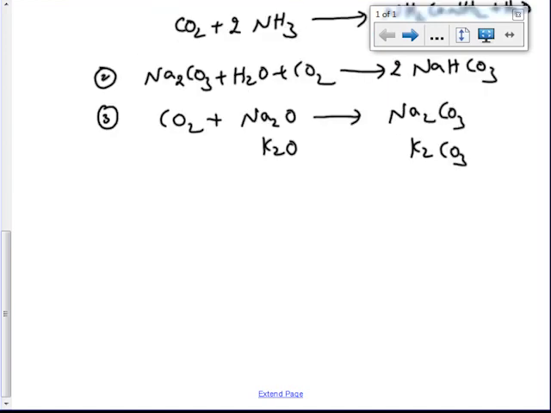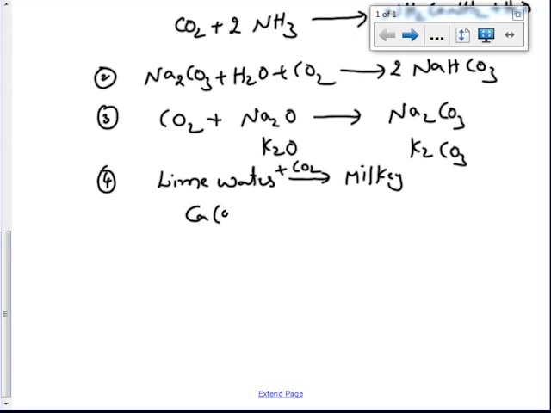The most important laboratory reaction: how can you say lime water turns milky? If you pass carbon dioxide through lime water, calcium hydroxide, it becomes milky.